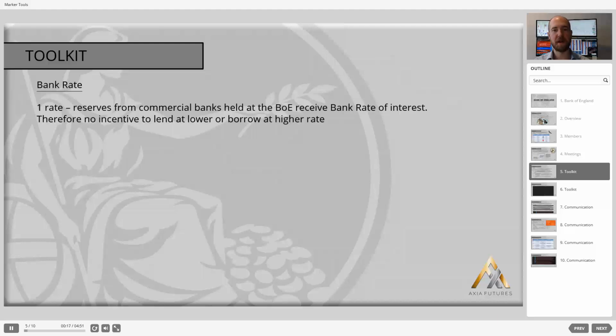Now, the way the Bank of England operates its interest rates is it only publishes one rate, this being the bank rate, and that is the amount of money that they will pay on reserves held at the Bank of England.